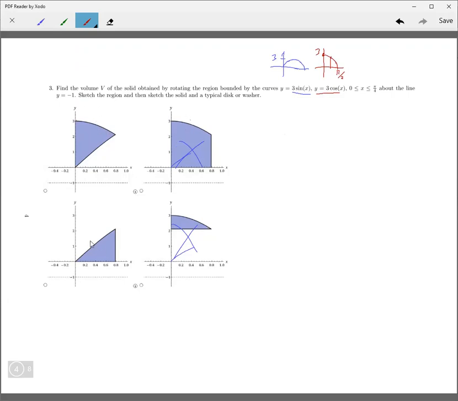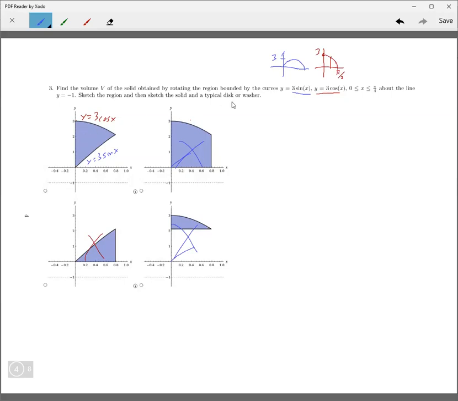And so does this, but this doesn't. So it's going to be this one. So this right here is y equals 3 cosine x, and this down here is y equals 3 sine x, from 0 to pi over 4.